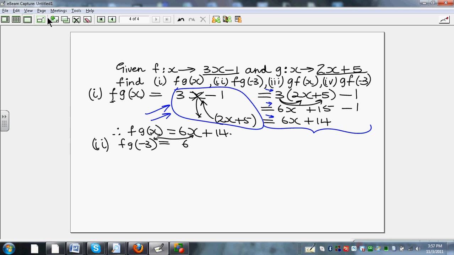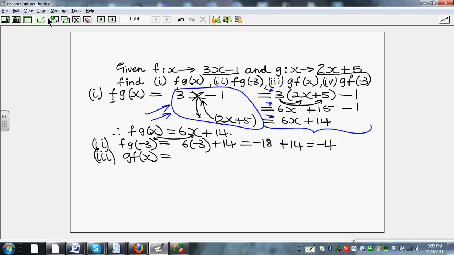So it becomes 6 by minus 3 plus 14, and that works out to be 6 by minus 3 is minus 18 plus 14, and minus 18 plus 14 works out to be minus 4. So what we can say is that fg of minus 3 is equal to minus 4.